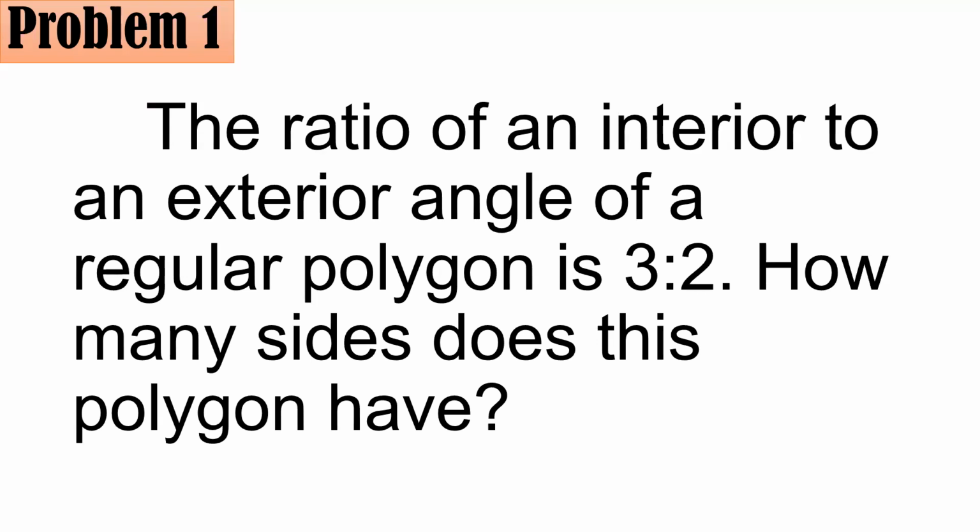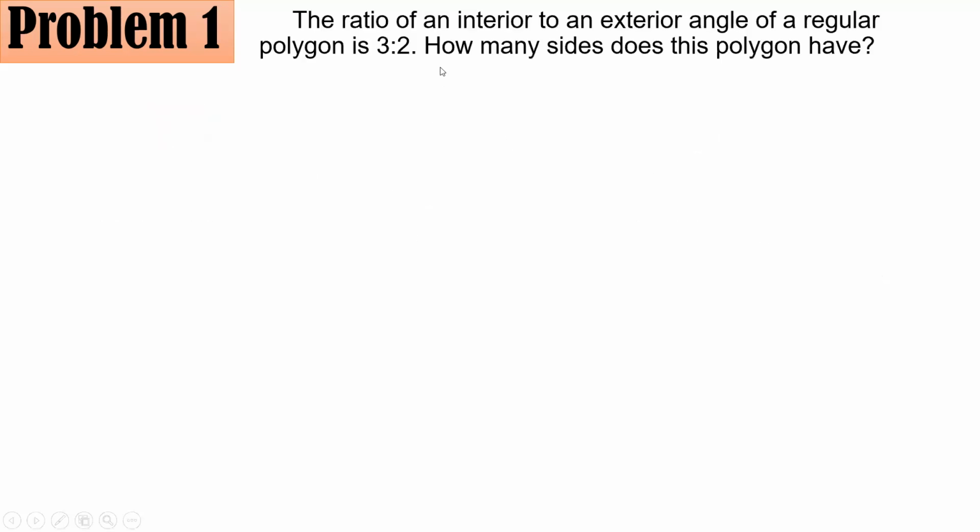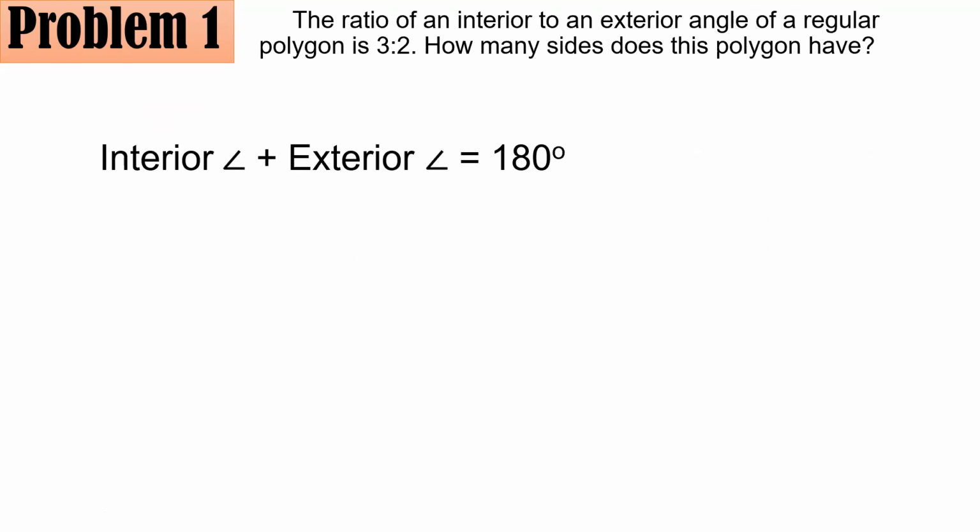Okay, according to Ma'am Jackie Lou, Sir Sadie, Sir Ryan, Ma'am Gemma, Ma'am Thea, 5. Let's see kung tama po ang 5. Okay. So take note po natin, tandaan po natin ha, it's actually a basic principle that if you have a regular polygon, all interior angles are congruent, all sides are also congruent, and all exterior angles are also congruent, no?